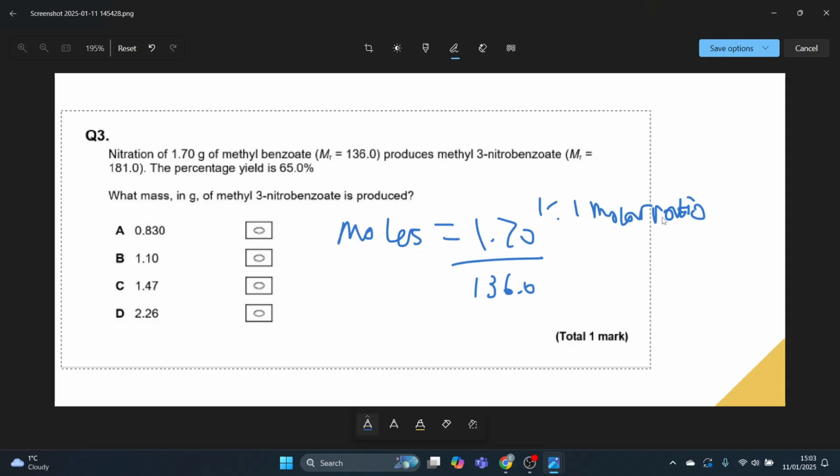So I find out the moles, 1.70 divided by 136.0, for methyl benzoate. And therefore, to find out the mass of methyl 3-nitrobenzoate, mass is moles times by the Mr, which is 181.0 given in the question. But I know the percentage yield is 65%.